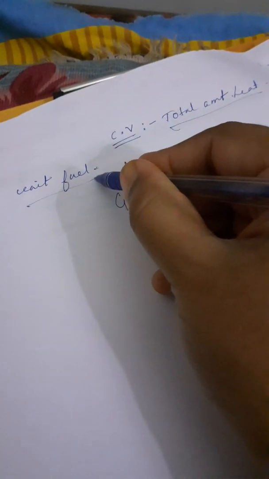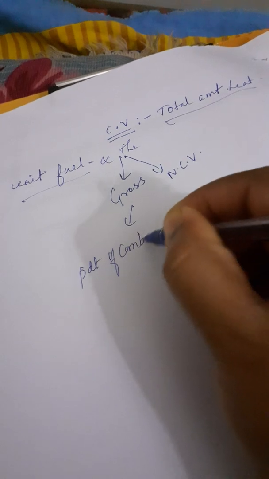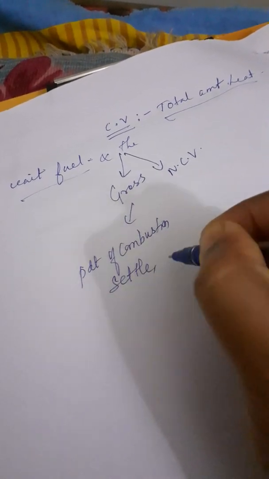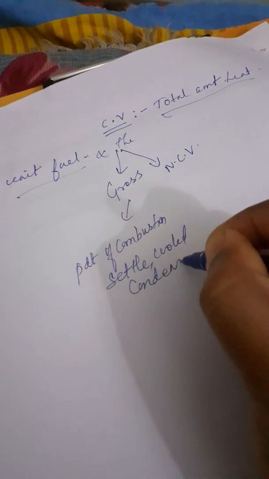It is nothing but the total amount of heat energy released by burning of a unit weight of fuel, and the product of combustion is allowed to settle or it is cooled down, or you can say, in some books they have used the term condensed.